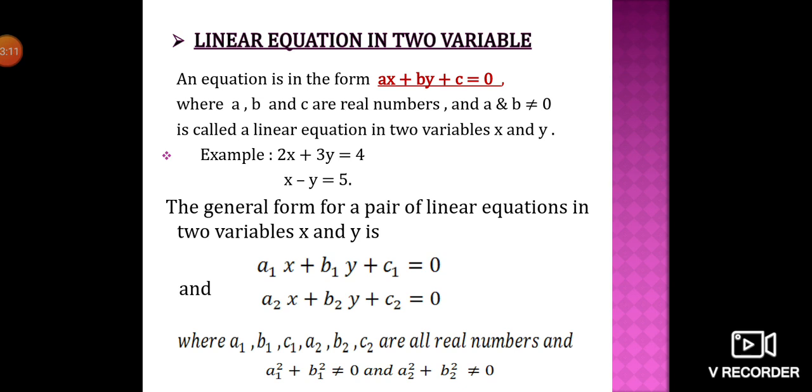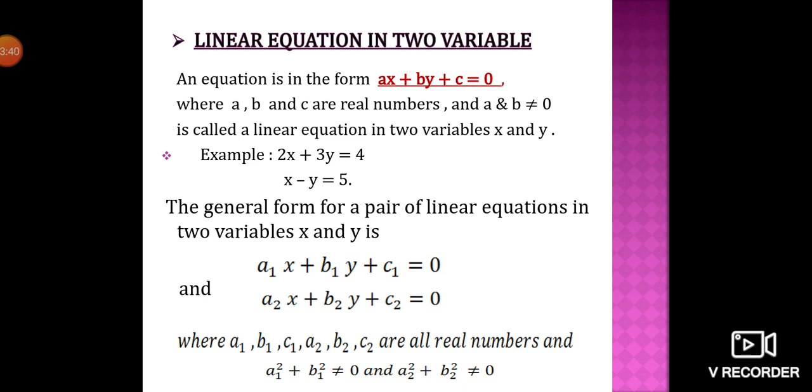So linear equation in two variables we discussed. Our chapter name is pair of linear equation in two variables, which means always two linear equations should be there. Here the condition is that the constants, that is a1, b1, c1, a2, b2, c2 of both the equations, are all real numbers, that is positive, negative, root, rational, irrational, any numbers we can write.